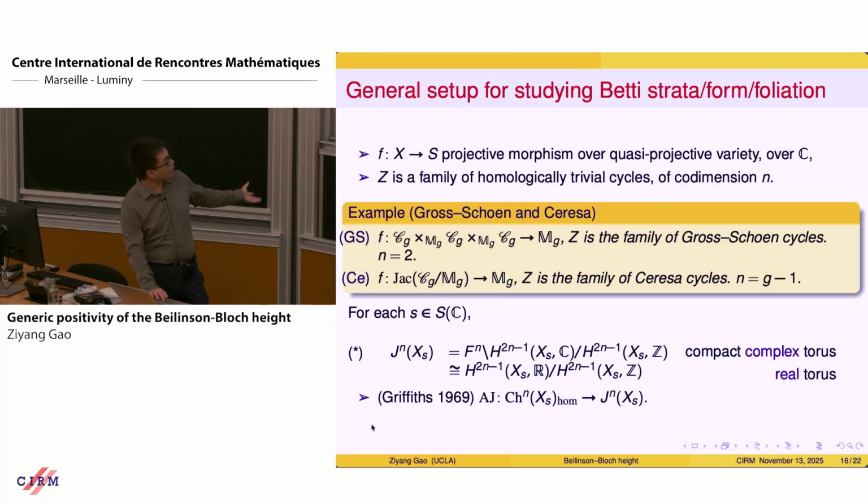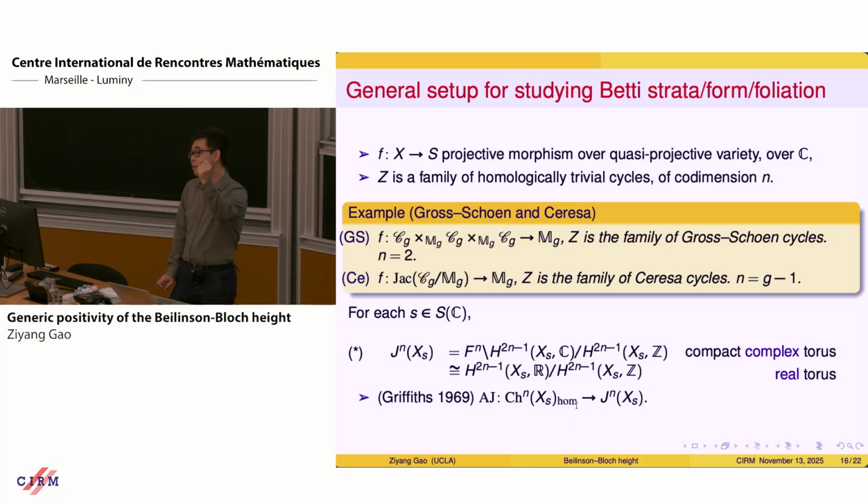And Griffiths defined the so-called Abel-Jacobi embedding from the homologically trivial cycles of each fiber to this intermediate Jacobian. In the case of a curve into its Jacobian, the left-hand side is just a point P minus your base point, which is homologically trivial, and the right-hand side is the usual Abel-Jacobi embedding.